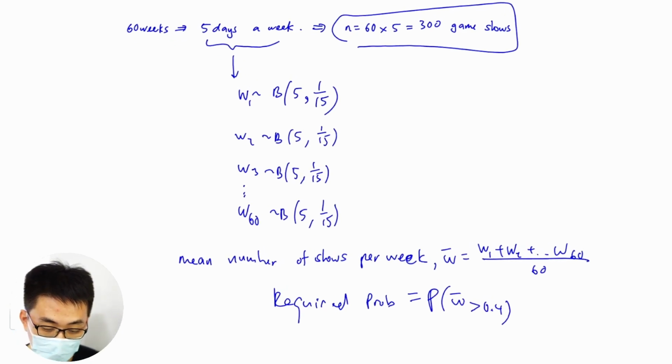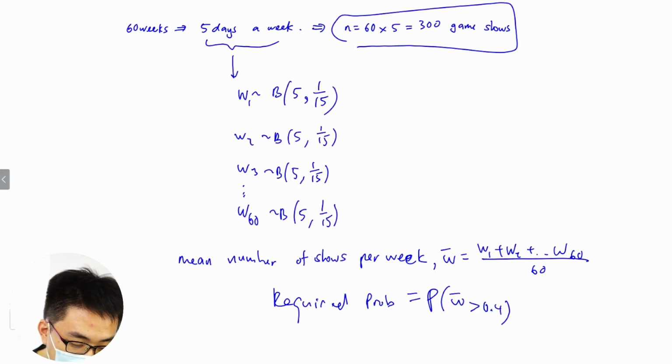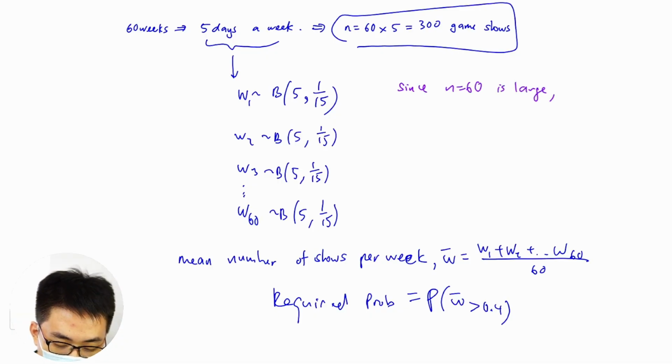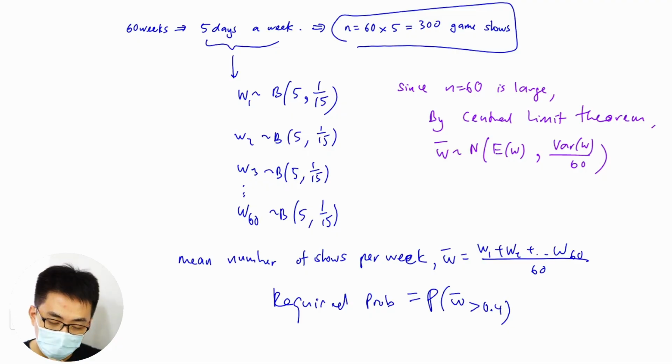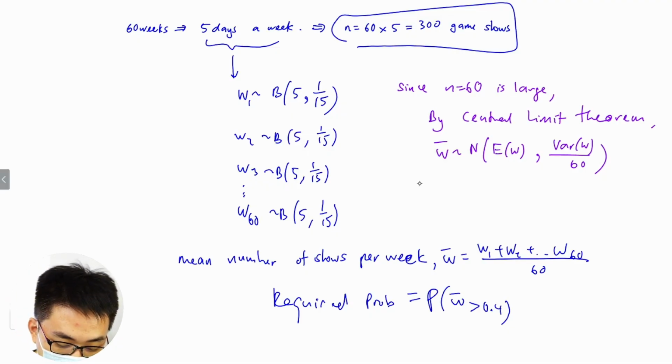Yeah, so from here, since this one is CLT already, since n equals 60 is large, by central limit theorem, bar W will just be normally distributed with mean E(W) and variance Var(W) over 60. E(W) is 5 times 1 over 15. This is 1/3.